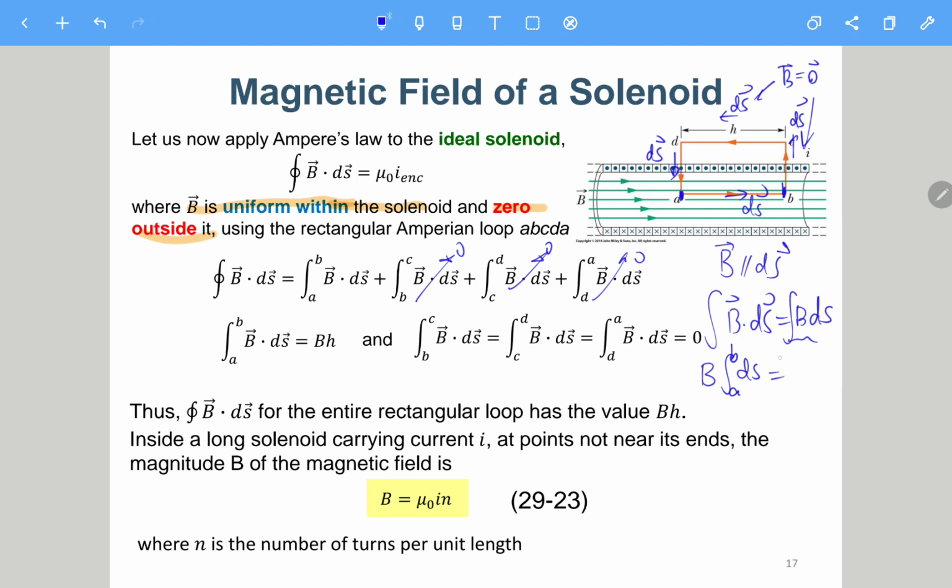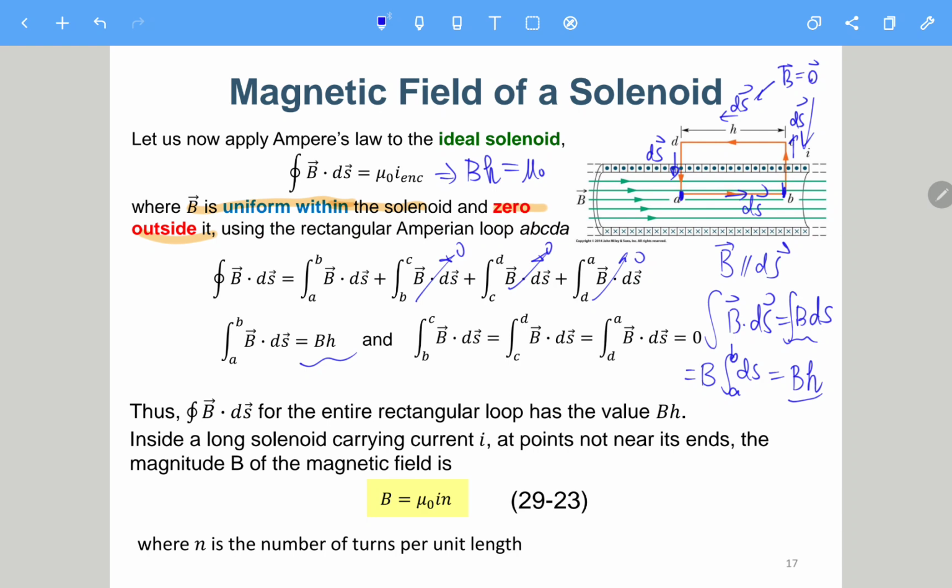So this is B times h. For the left side of Ampere's law, we have Bh plus 0 plus 0 plus 0, which is nothing but B times h. So Bh equals mu 0 I enclosed.